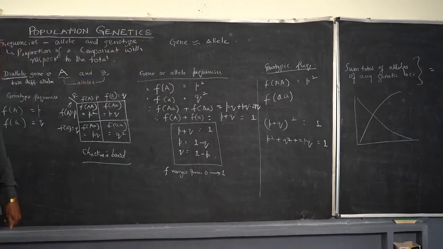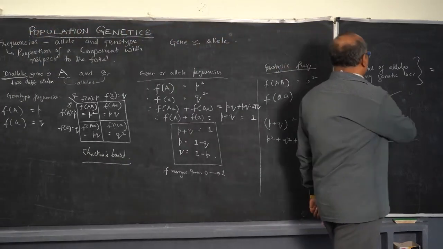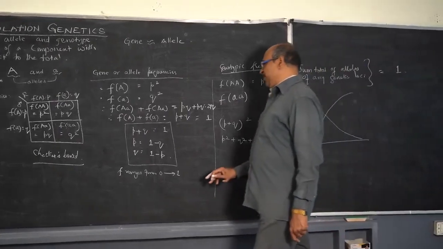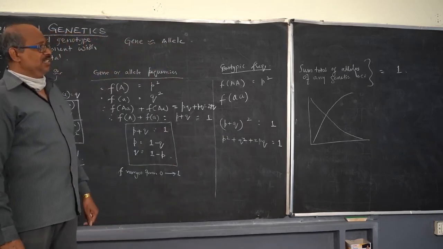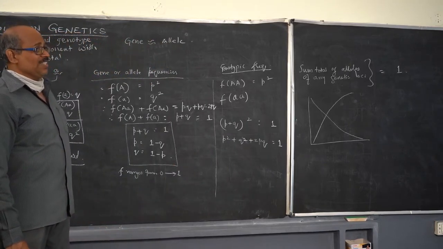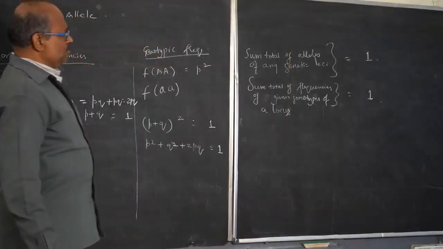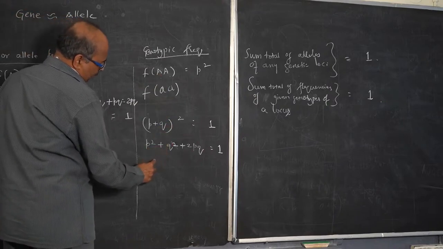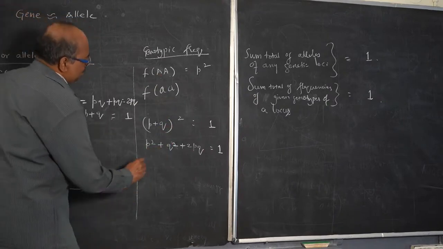So now we put the second concept here. The first concept we said, sum of the total alleles associated with any genetic locus will be 1. Now we are saying the sum total of genotypic frequencies of a given locus will also be 1. So both the frequencies are 1. Again, like the earlier case, we can write in terms of the other components.